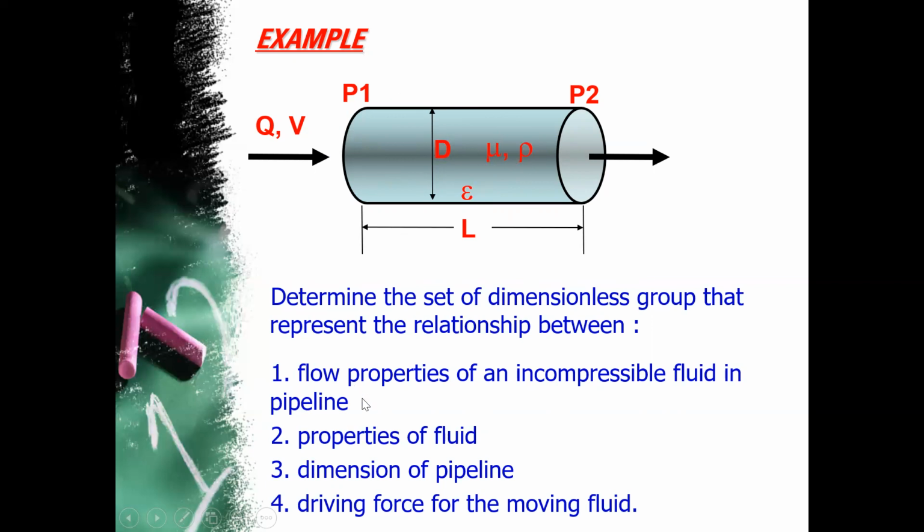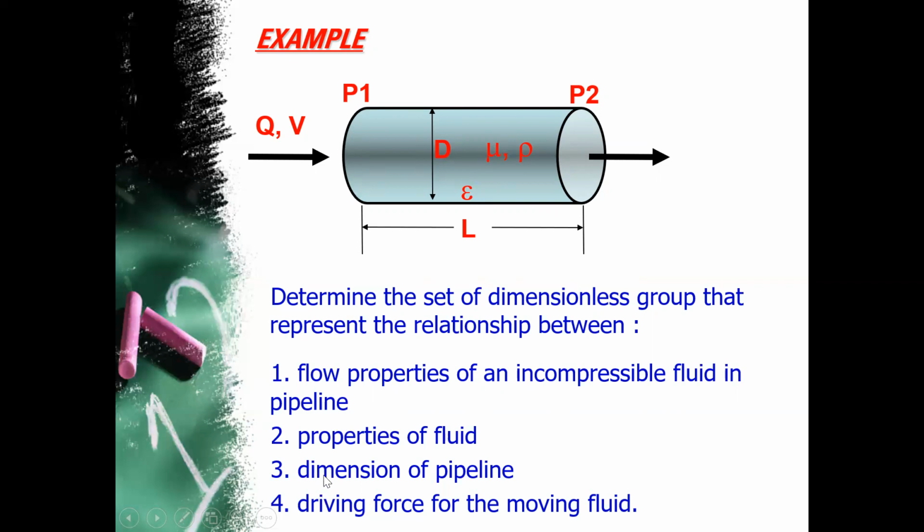So let's try to identify the variables listed in the diagram here, to see which group they fall into. Flow properties of an incompressible fluid in a pipeline: flow properties, properties of the fluid, dimensions of the pipeline, and the driving force for the moving fluid. Driving force is easy, just P1 and P2, the difference.